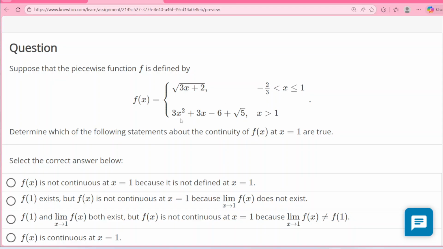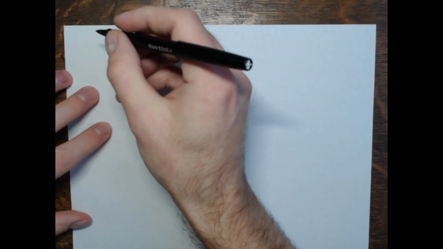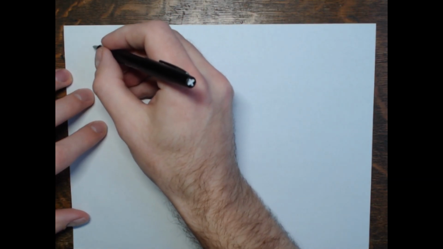And then the output is 3x squared plus 3x minus 6 plus the square root of 5, but only when x is greater than 1. We're asked to determine which of the following statements about the continuity of f at x equals 1 are true.